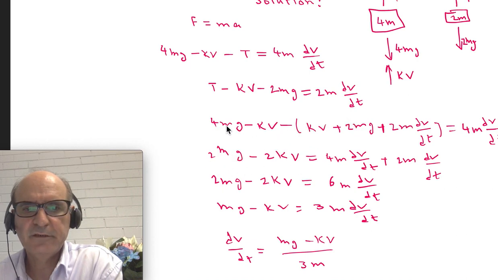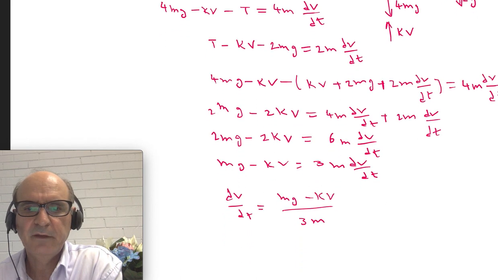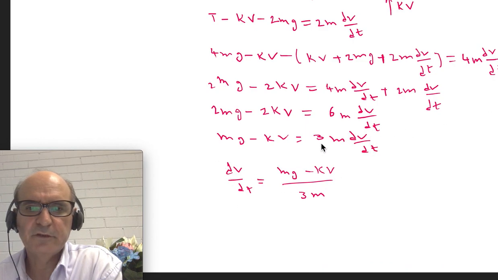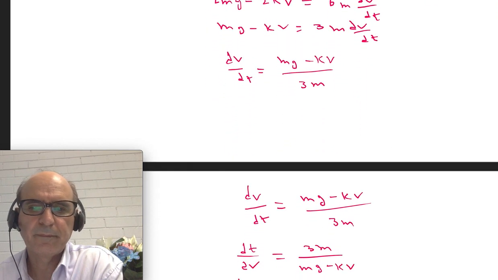Now we just simplify this. 4mg minus 2mg is 2mg, minus kv minus kv is minus 2kv, and then we take the 2m dv/dt to the other side to become plus 2m dv/dt, and we get 6m dv/dt. 2mg minus 2kv is equal to 6m dv/dt, and dividing both sides by 2, you get mg minus kv equal to 3m dv/dt, and from here make dv/dt the subject, which is (mg minus kv) over 3m, as we have been asked to do.